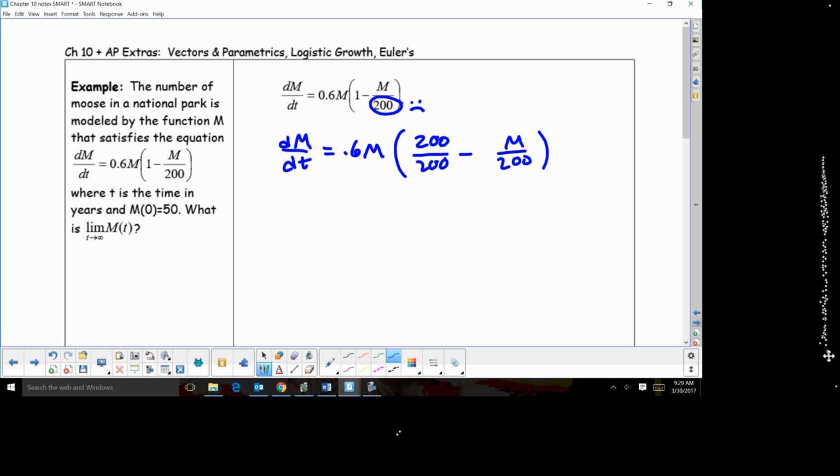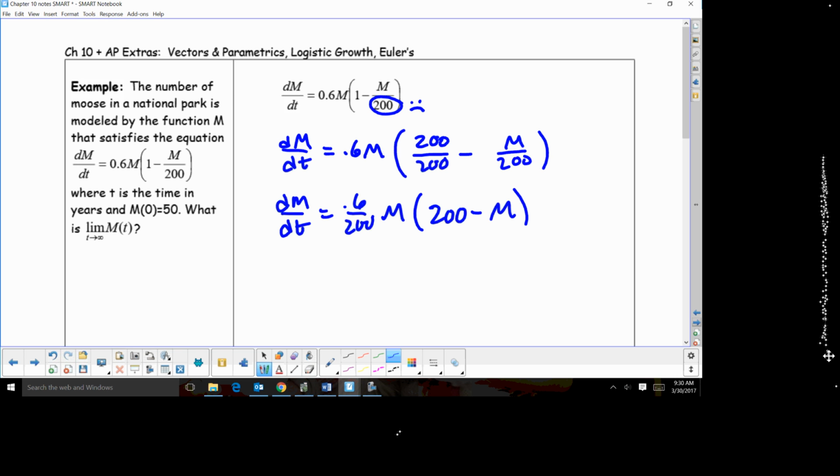Yes? Now I can factor out from the parentheses the 1/200. Good still? Now is it logistic growth? Yes.